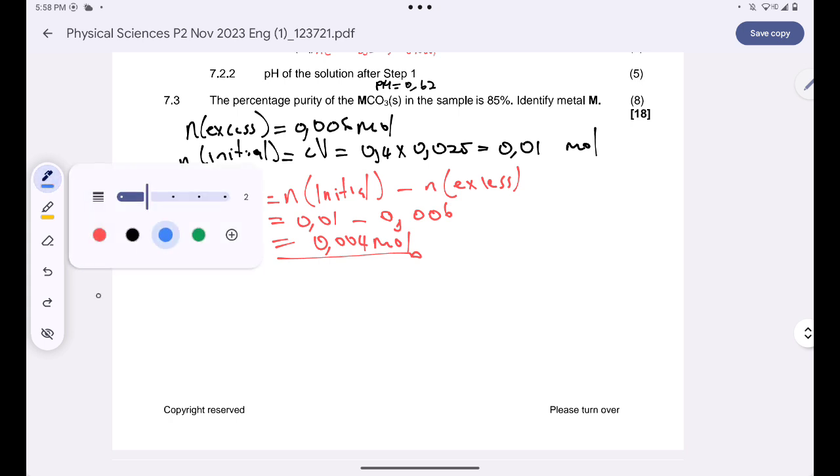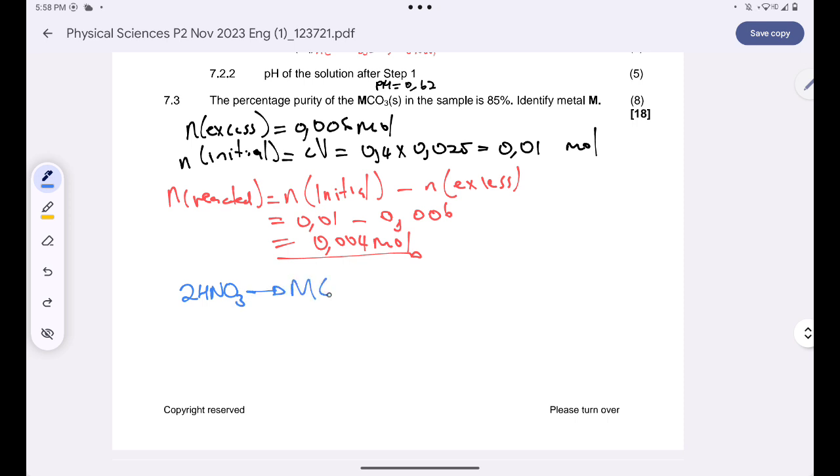I know that 2 moles of nitric acid will react with 1 mole of my metal carbonate. So if I have 0.004 moles of nitric acid which are needed to neutralize the metal carbonate, I want to know how much of the metal carbonate I will need. I'll just cross multiply here.